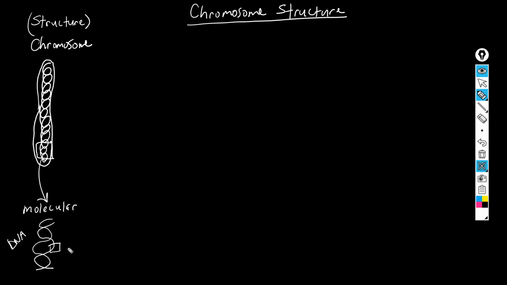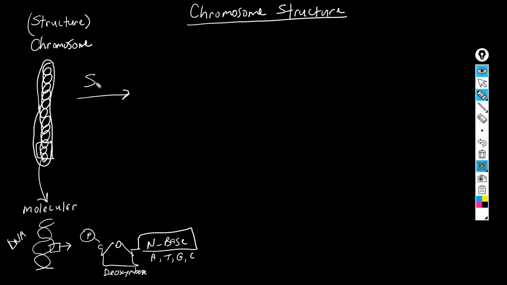If we enlarge that, we would see the 3 components of a nucleotide, the monomer of a nucleic acid: a phosphate group, a sugar, in this case deoxyribose, and then one of 4 nitrogenous bases, which would be A, T, G, or C for DNA.